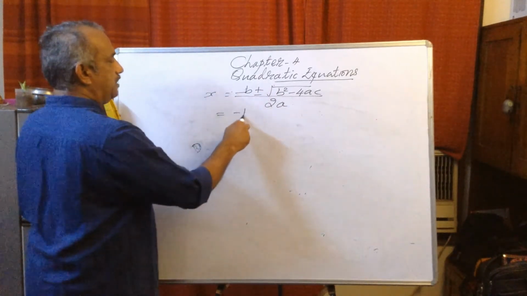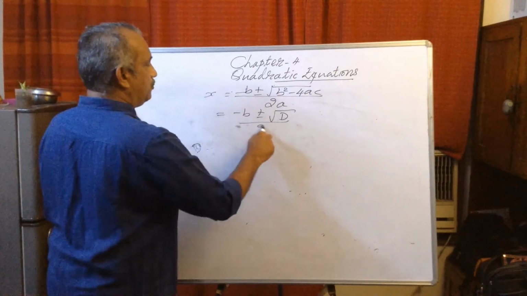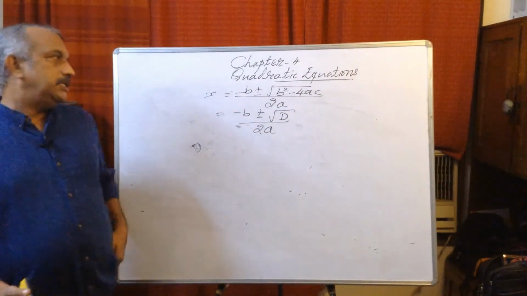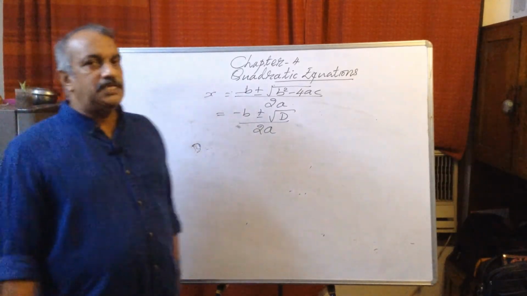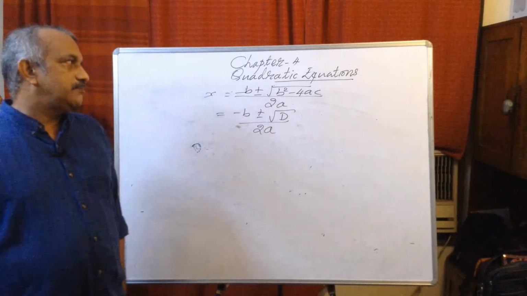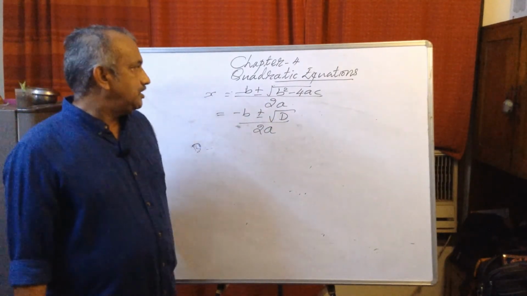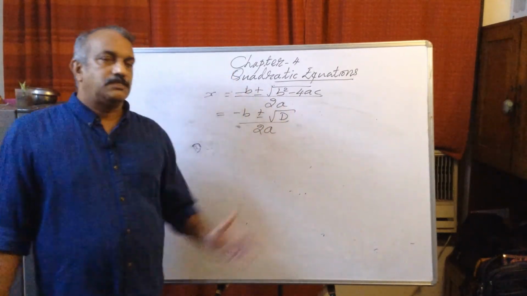Now this minus b plus or minus square root of D upon 2a we can also write, where D is b square minus 4ac and it is called the discriminant. Now what do you mean by discriminant? It is called discriminant because it decides whether the equation is consistent or not.